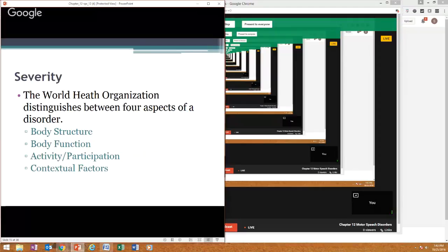And then lastly, contextual factors include both personal factors such as attitudes, values, and coping strategies, as well as wider environmental factors such as the social support system and resources available to the person, the legal environment, and the social and cultural beliefs.